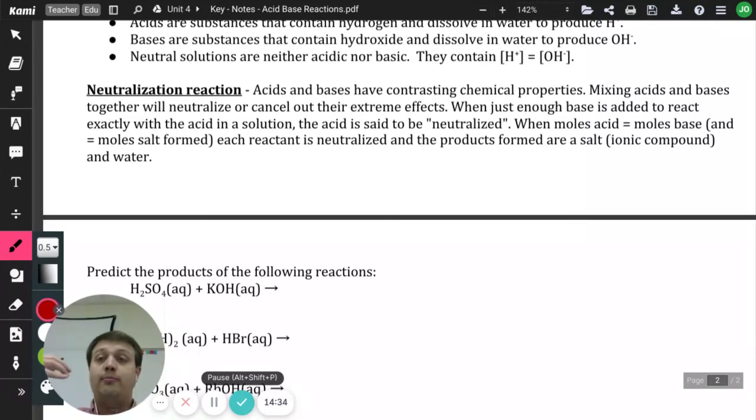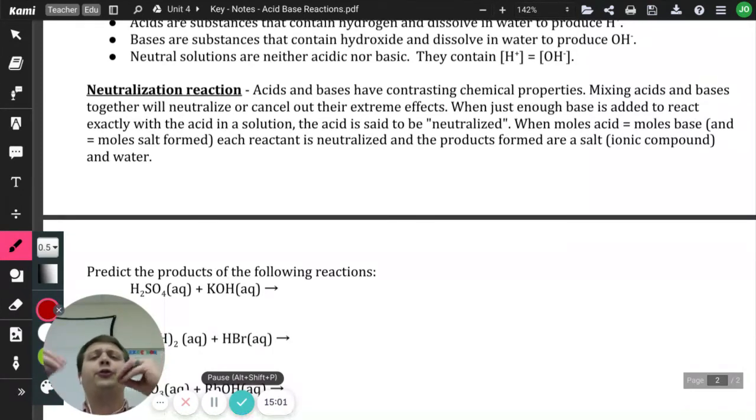When we mix an acid and a base together, they're going to neutralize, which means to cancel out each other. Okay, and sometimes that can be a very reactive thing, and other times we'll just see a little bit of bubbles. When we neutralize them, we cancel out those extreme effects, right?